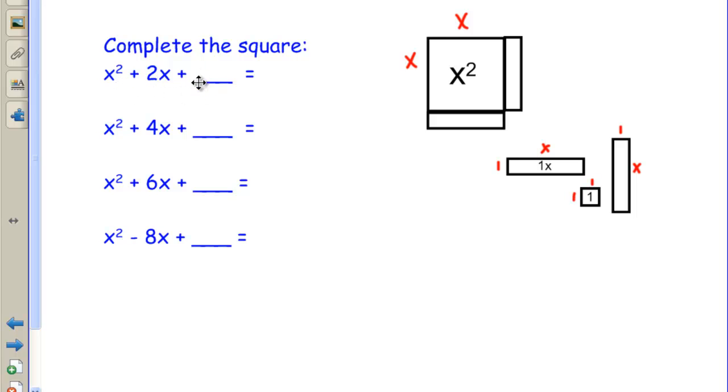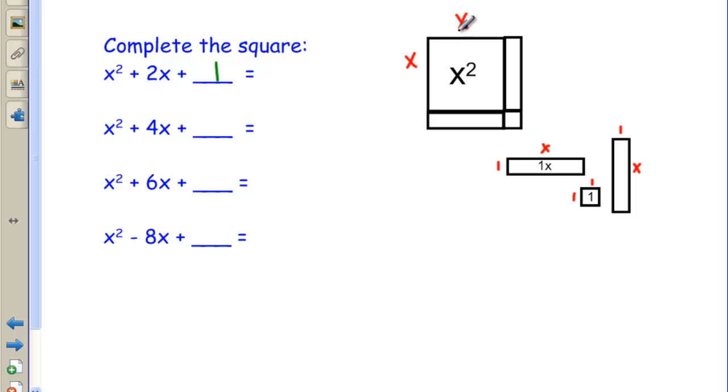So what do I need to add, pray tell, to this little tiny corner that would thus complete the square? Why, yes, you would need to add one of the little blocks. 1.